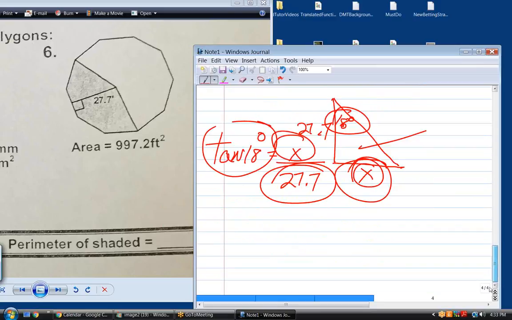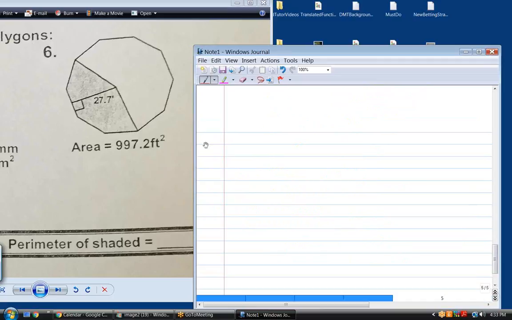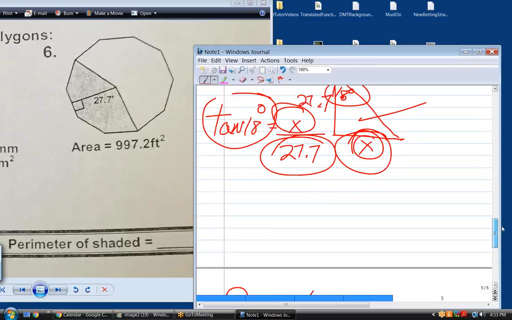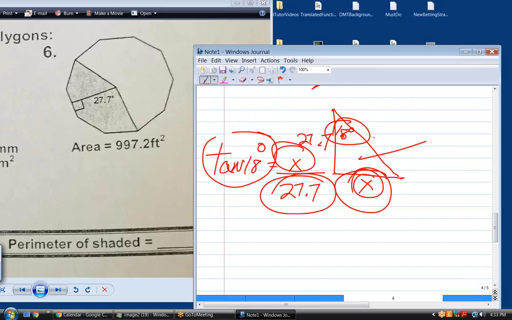And just before I let you go, I know I'm a little bit over here. The perimeter of the shaded region is 4 side lengths plus 2 radiuses. Well, I can get the radius from that same triangle. The radius is y. And I can use a trig function to come up with it.